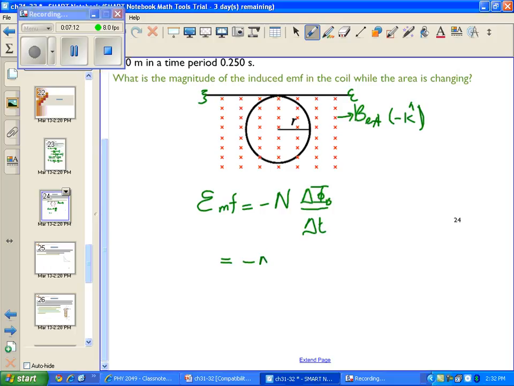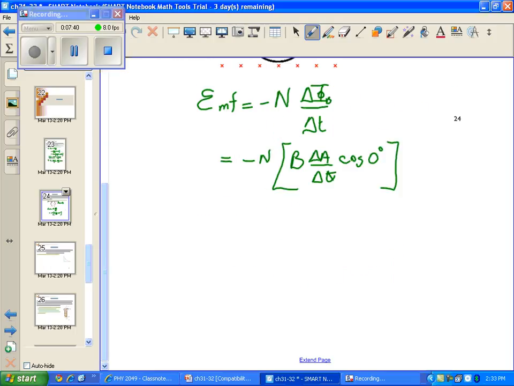The change in the magnetic flux is occurring not because the magnetic field is changing, but rather because the area exposed to the magnetic field is changing in time, times the cosine of the angle between the magnetic field and the area normal, which you can see is 0 degrees, since the magnetic field is parallel to the area normal. So we put in our values.